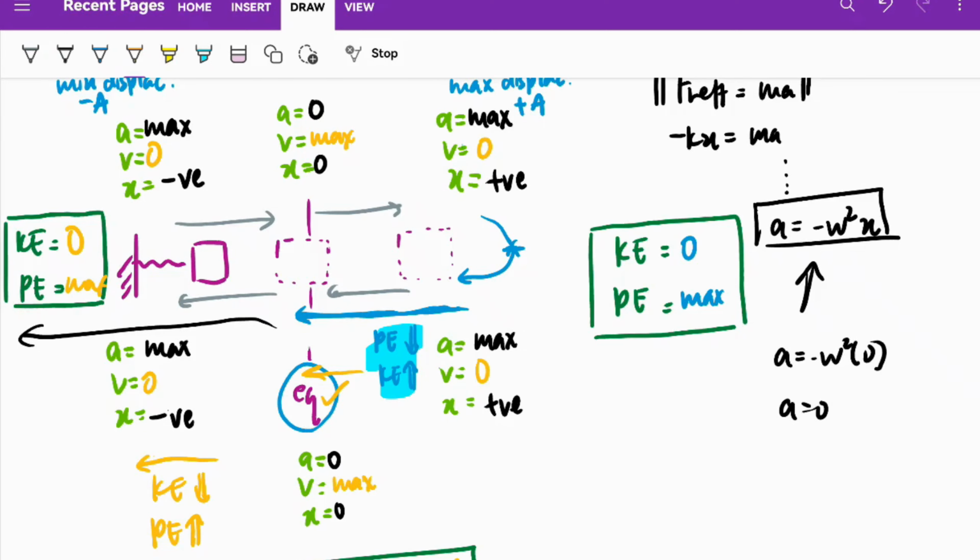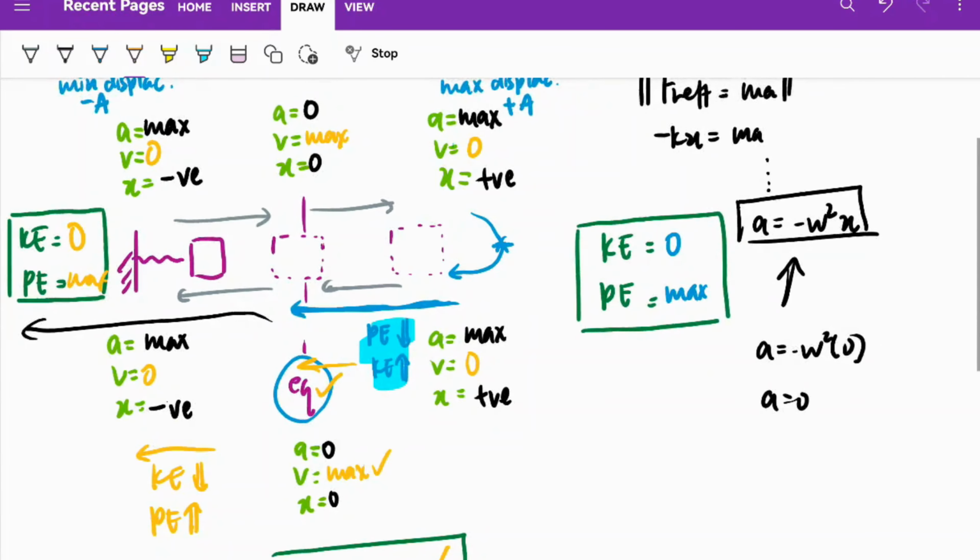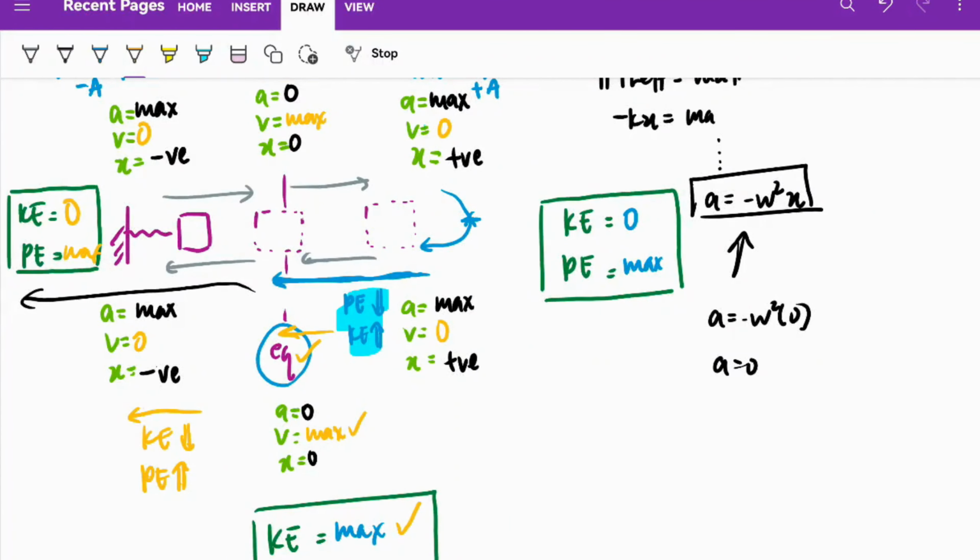So this is the reason why your velocity at equilibrium is actually maximum. It has maximum kinetic energy as the spring passes through the equilibrium and it moves with maximum velocity. So this is a brief explanation on how energy works in simple harmonic motion.